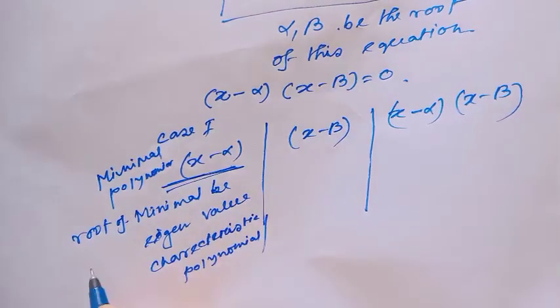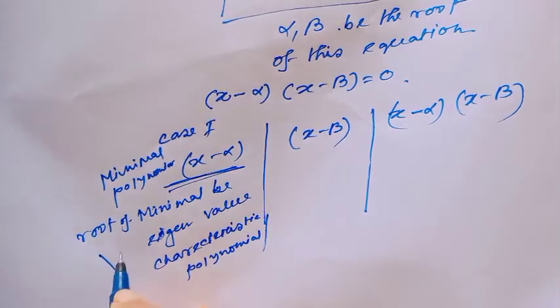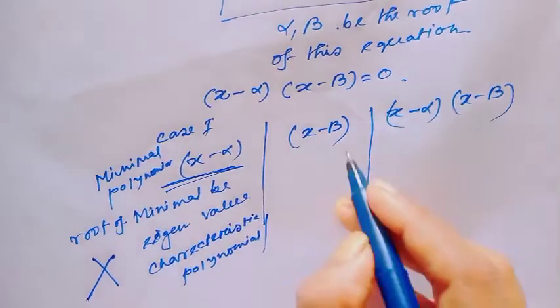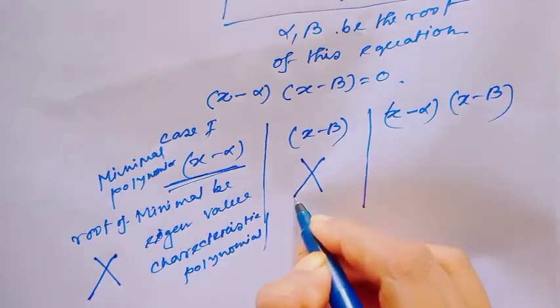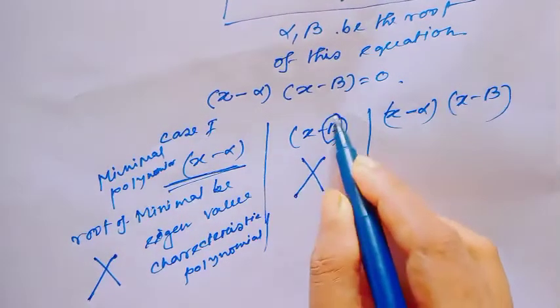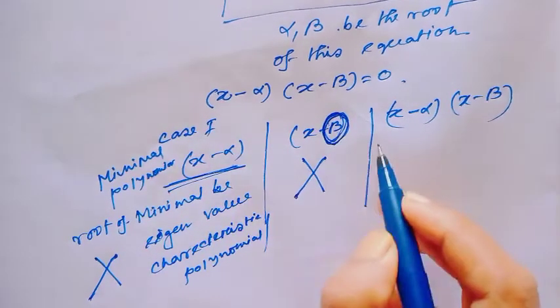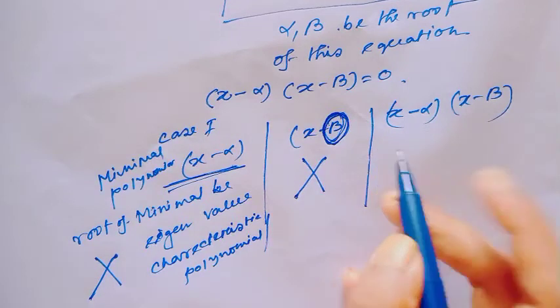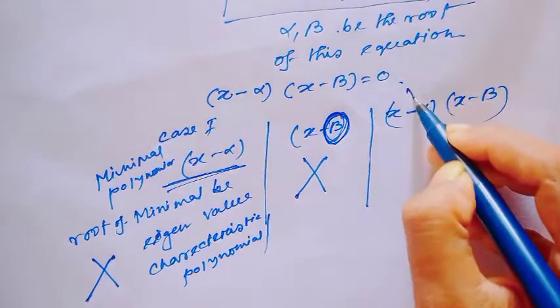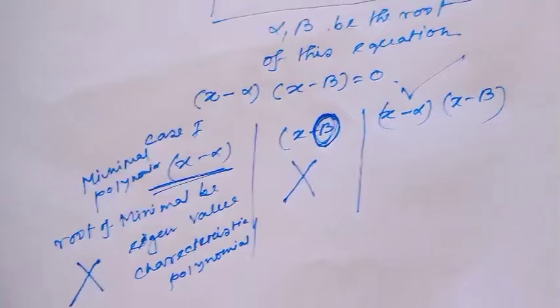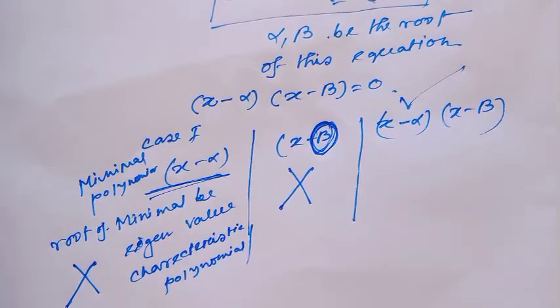So x minus alpha being the minimal polynomial cannot be possible. Similarly, x minus beta cannot be the minimal polynomial because beta is a complex root, so its conjugate root always exists. So the only possibility is x minus alpha times x minus beta.